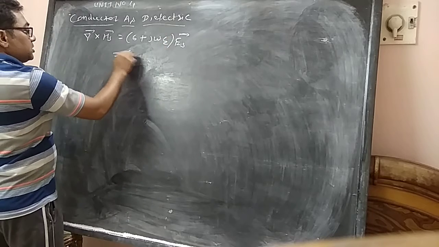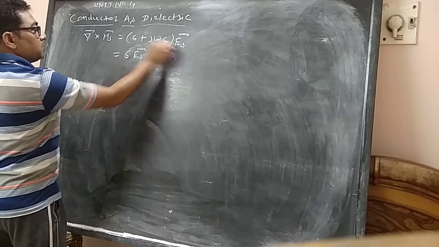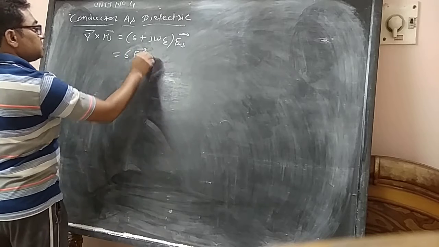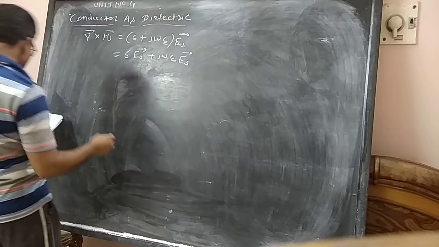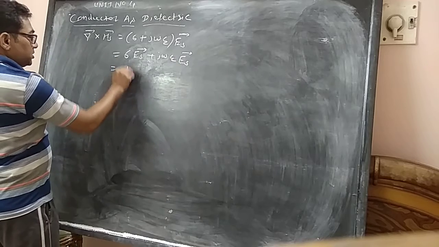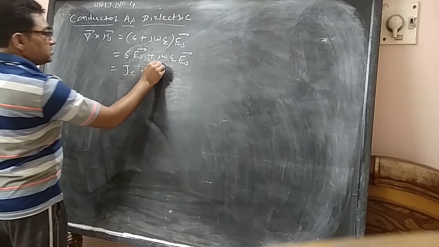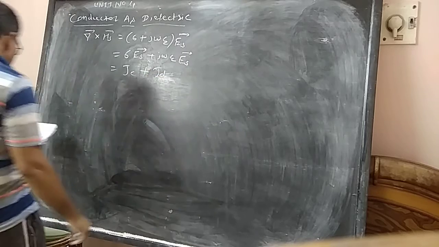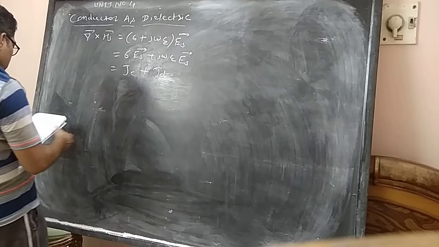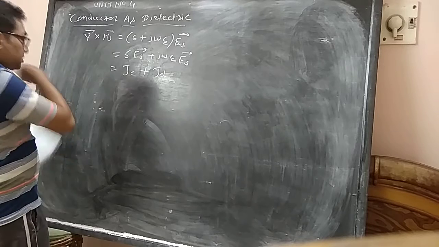So sigma into Es plus j omega epsilon into Es. This sigma into Es is nothing but Jc, and j omega epsilon into Es is nothing but Jd, where sigma into Es is the amplitude of conduction current.